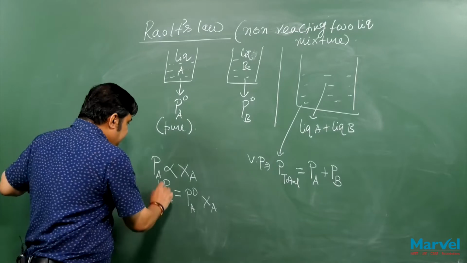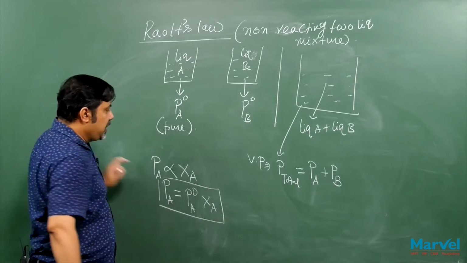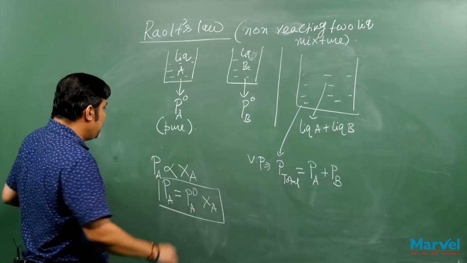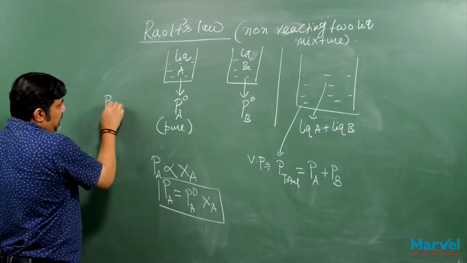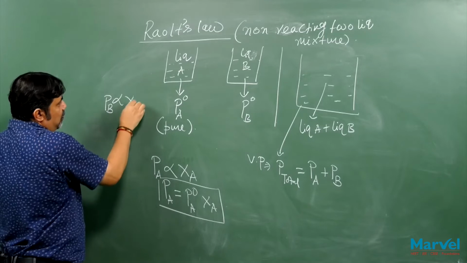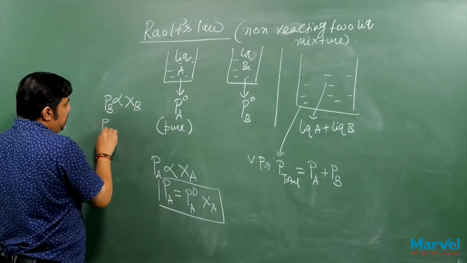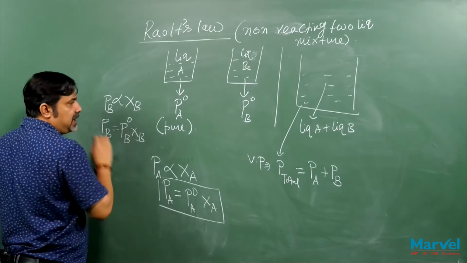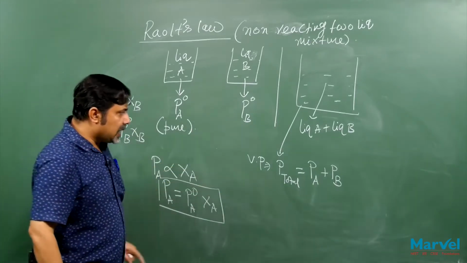Likewise, we can write PB proportional to the mole fraction of B, so PB equals PB naught into mole fraction of B. We can write that. So then P total will be equal to what?